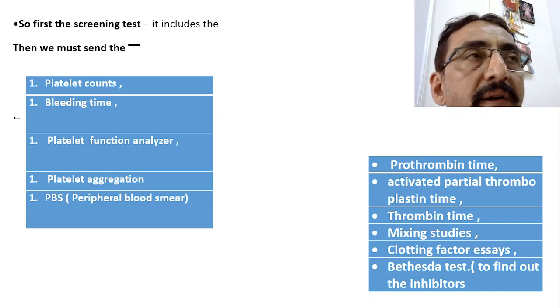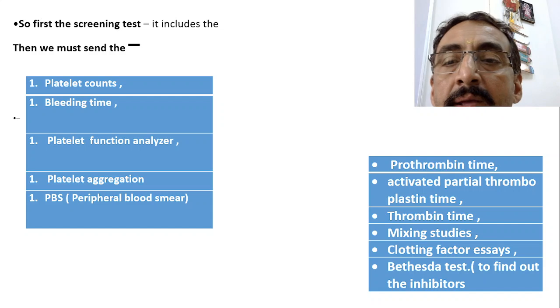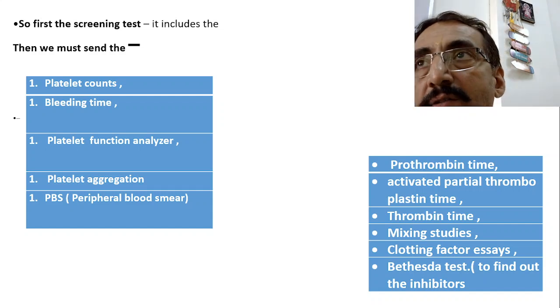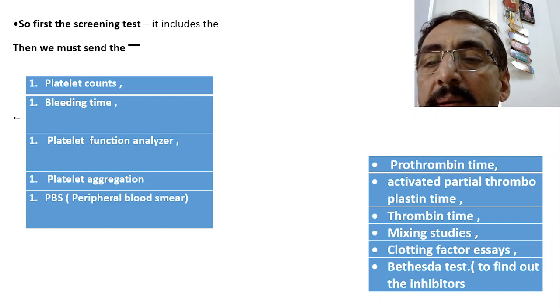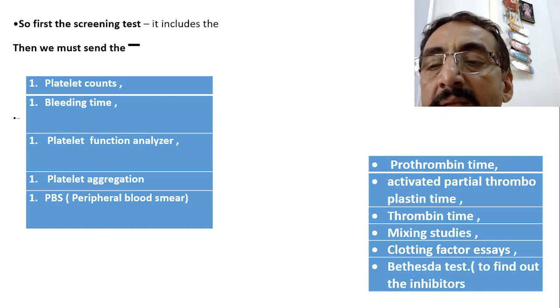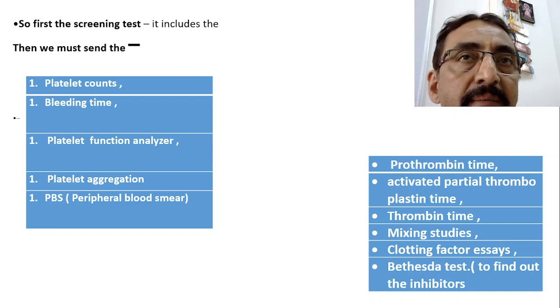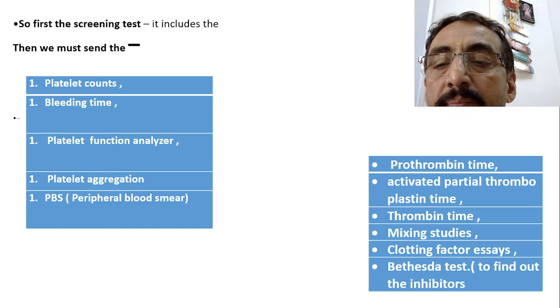This is to identify different platelet problems. Whereas as far as clotting problems are concerned: prothrombin time, activated partial thromboplastin time, that is APTT, then thrombin time, mixing studies, clotting factor assays, and the Bethesda test. This is to find out the inhibitors. There are some inhibitors, so we have to go for the Bethesda test.